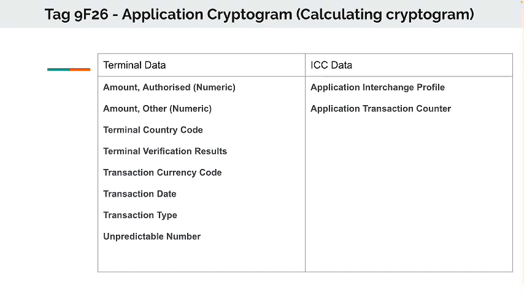And then in the ICC data we have the application interchange profile and the application transaction counter, right? These are what the card uses in creating the cryptogram data. That's the application cryptogram, right?